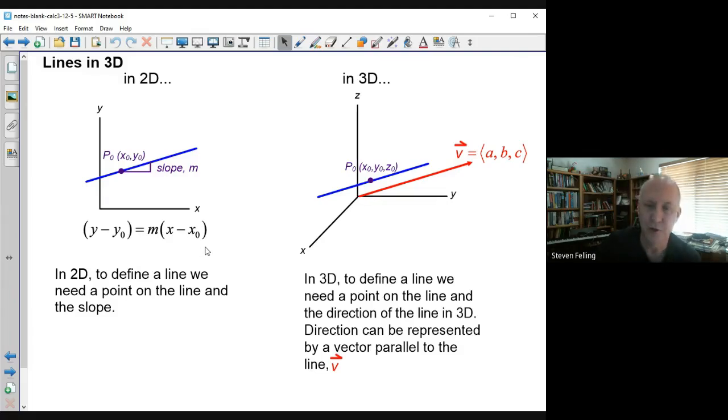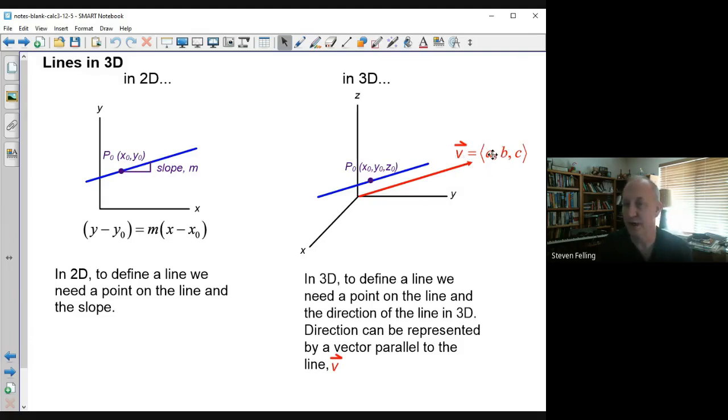In 3D, we still have to have a point, so now it would be x0, y0, z0, and we still have to indicate something about the direction, but we can't just do that in terms of a slope or slopes. So instead, we define the direction the line goes with a vector. The vector we use, we sometimes call it v, but we typically label its x, y, and z components as a, b, c.